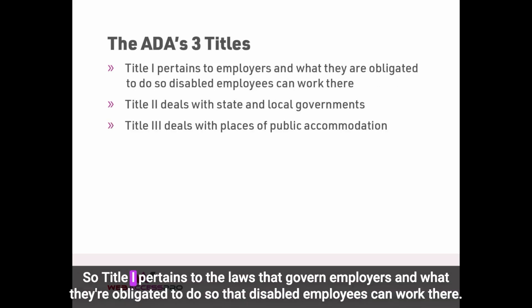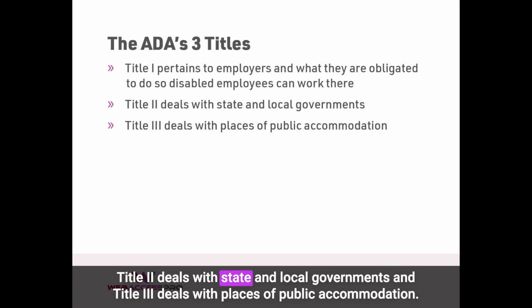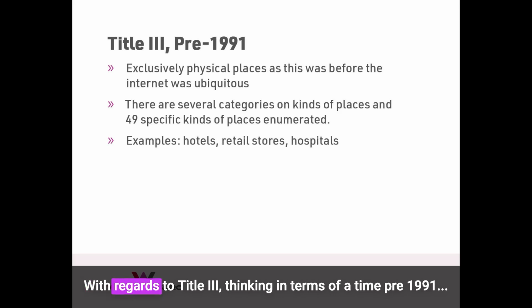So Title I pertains to the laws that govern employers and what they are obligated to do so that disabled employees can work there. Title II deals with state and local governments, and Title III deals with places of public accommodation.